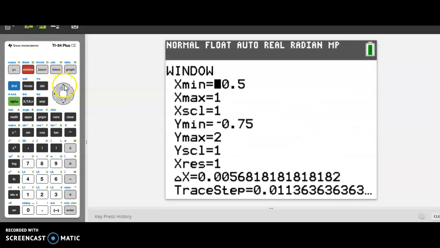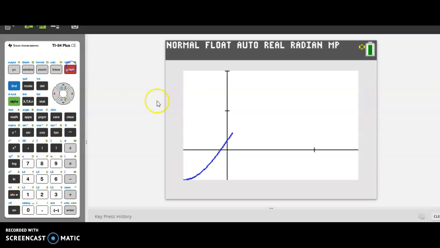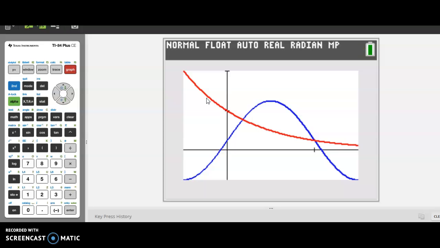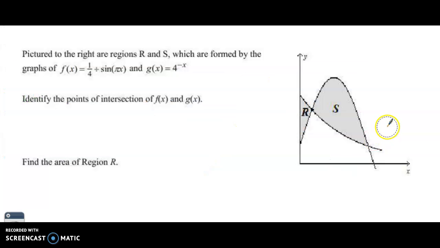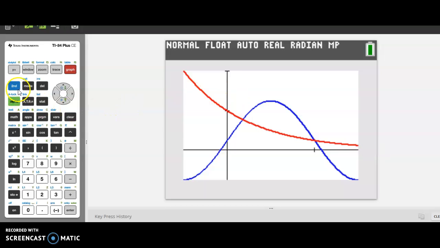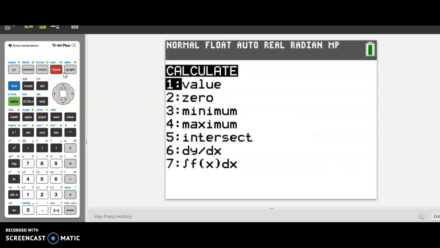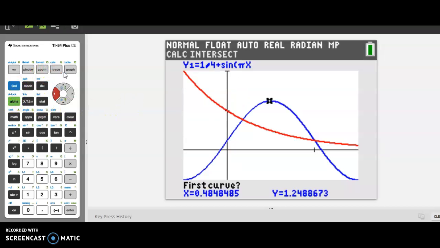Maybe just change that window slightly to go to 1.5. There we go. So now we get a better visual. And if we want to identify the intersection points, we go through the process and find those points of intersection. So that's second trace, the fifth option. Move your cursor over, hit enter.